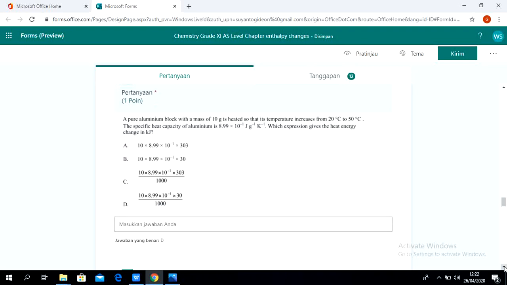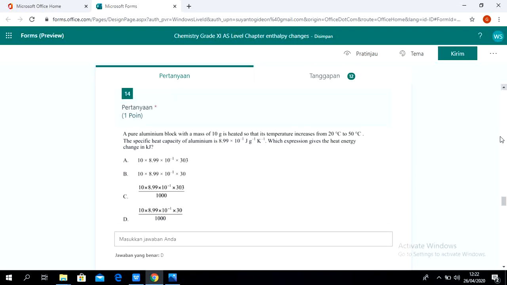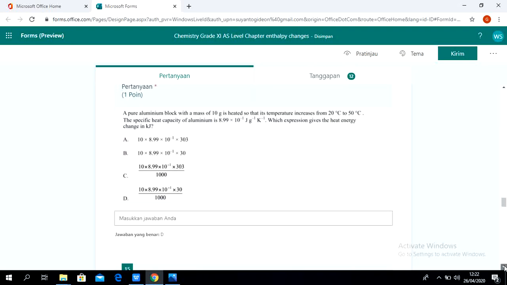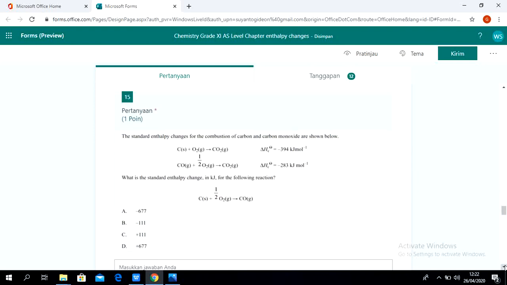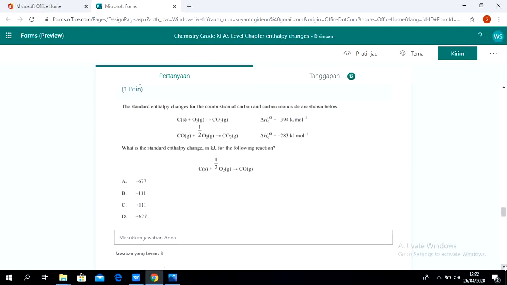Next question, number 15. Number 15 is a calculation again. Carbon plus oxygen gas become carbon dioxide. Carbon monoxide plus oxygen become carbon dioxide. The question is asking for the formation of carbon monoxide from carbon and half oxygen. So in this equation, what do we have to do?